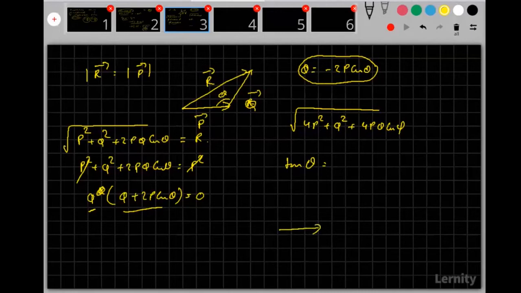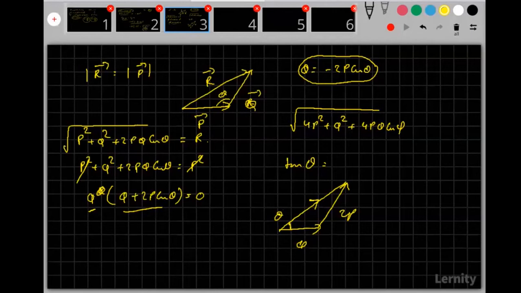So this is Q, this is 2P, and this is the resultant of that. Please try to work this out for two questions. We'll see, it's a nice one.